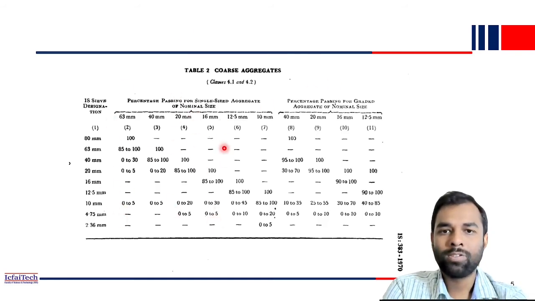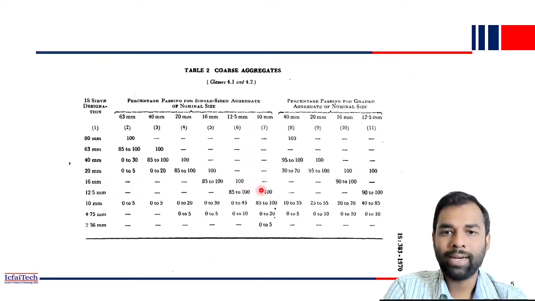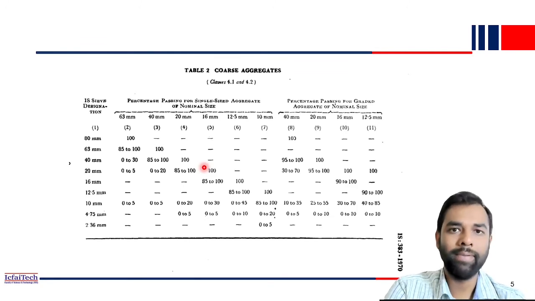For 16, almost 85 to 100% should be retained at the 16, whereas at 10, 0 to 30% will be retained. For the 12.5 single-size aggregate, 100% should be retained at the 16. In our case, our aggregate is in the middle of the 20 and 16 ranges, so 15 or 16 to 20, maybe you can consider 18 mean diameter.